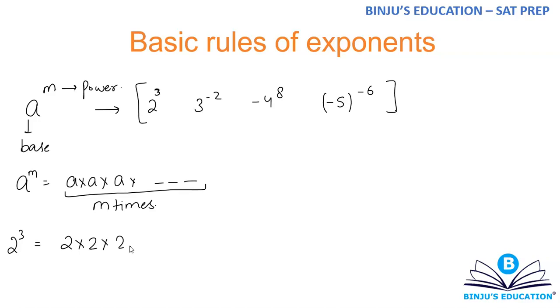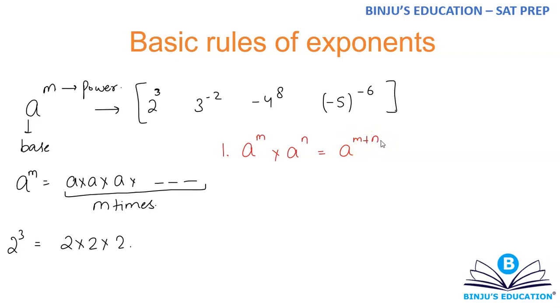There are like 4-5 basic properties which you need to know for exponents. So let's start with them. The very first is, if you write a to the power m multiplied by a to the power n, this becomes a to the power m plus n.